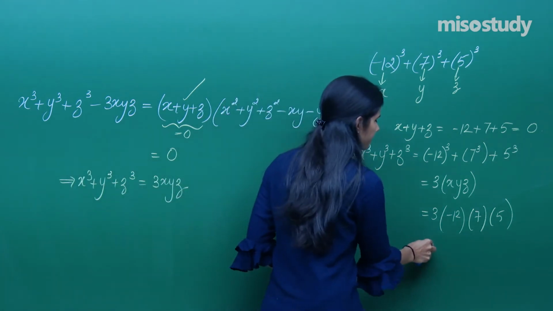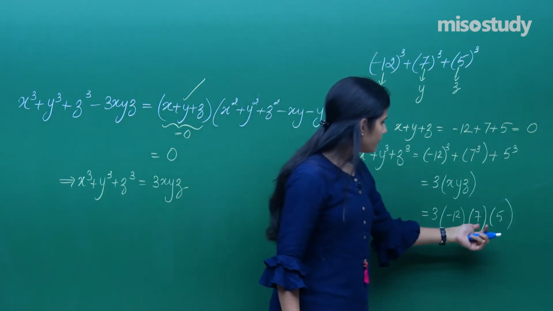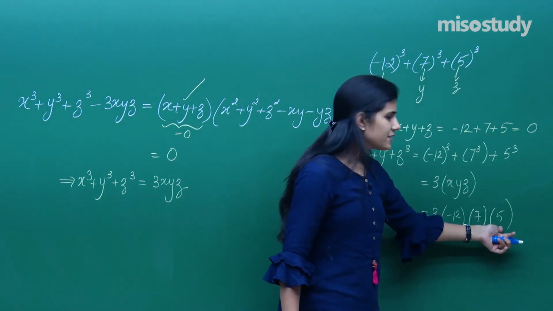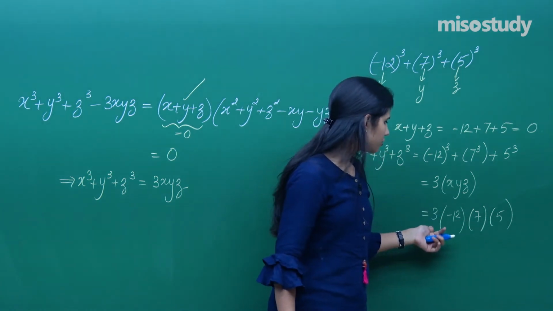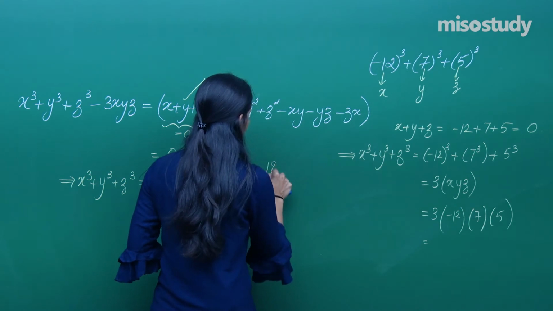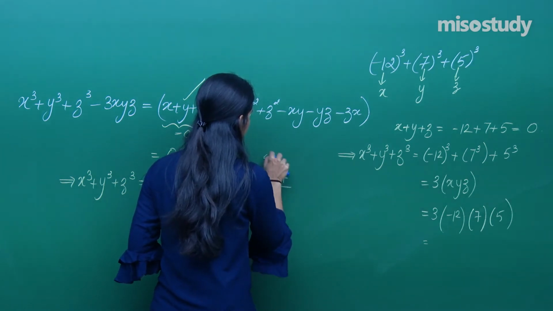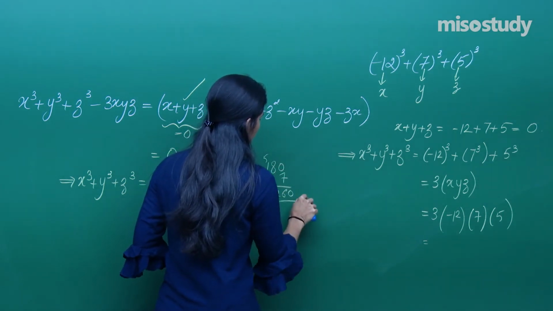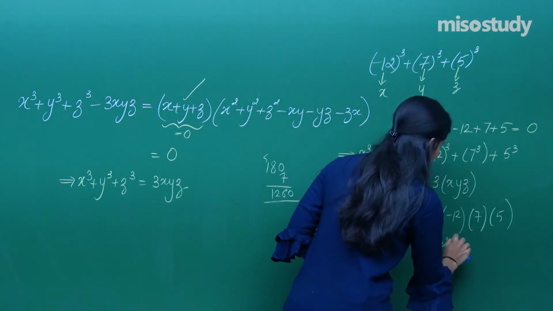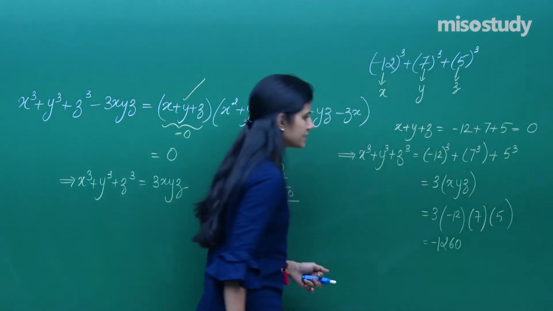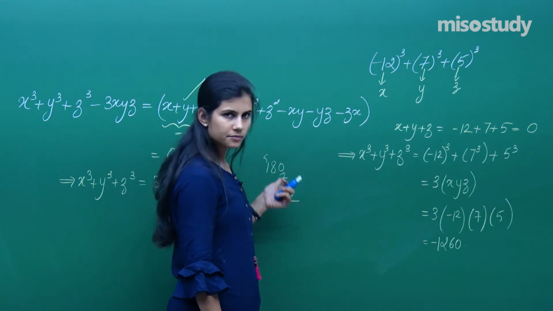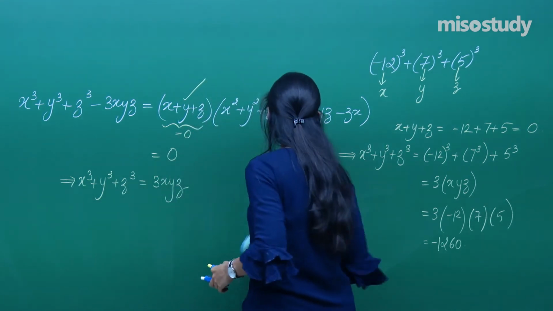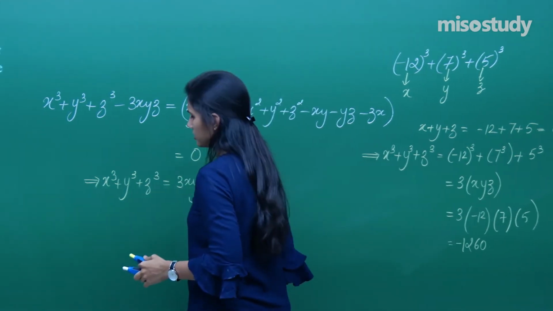So here what do you have? 12 into 5 is 60, 60 into 3 is 180, and 180 into 7 is, and therefore you get 1260 with a minus sign. Is it clear? Fine. So that's how you calculate this answer.